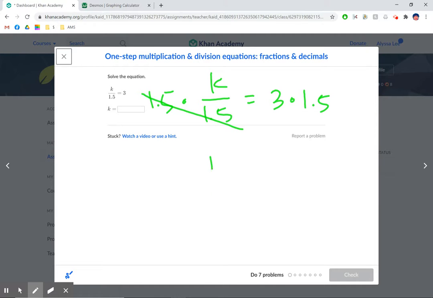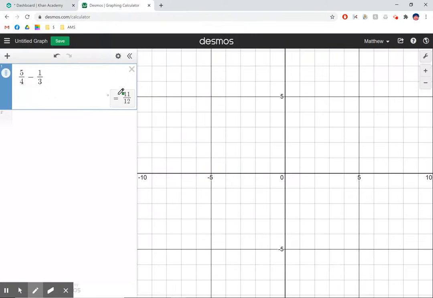Okay, so we get k by itself. 3 times 1.5. Go ahead and do it in your head, but I'm just going to use my calculator to help me out. 3 times 1.5, 4.5.